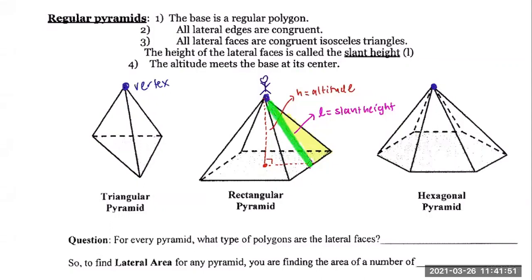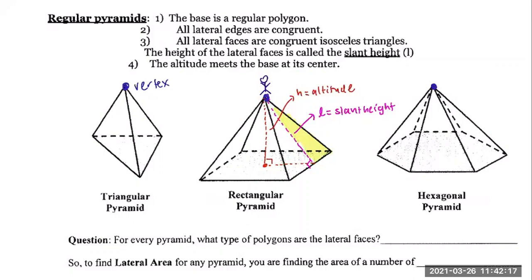This side here for the yellow triangle happens to be one of the legs of the triangle. Again, the slant height is one of the legs of this yellow triangle. What is it of the cross-section triangle? What's the slant height and how is it related to the cross-section triangle? Very good.